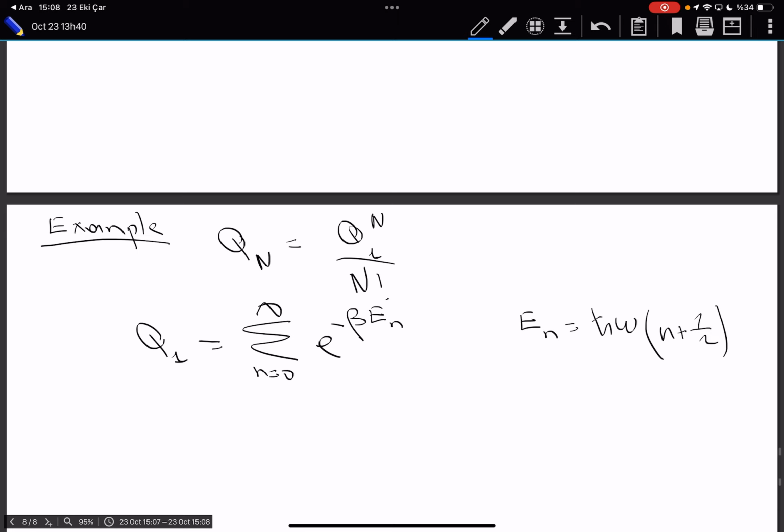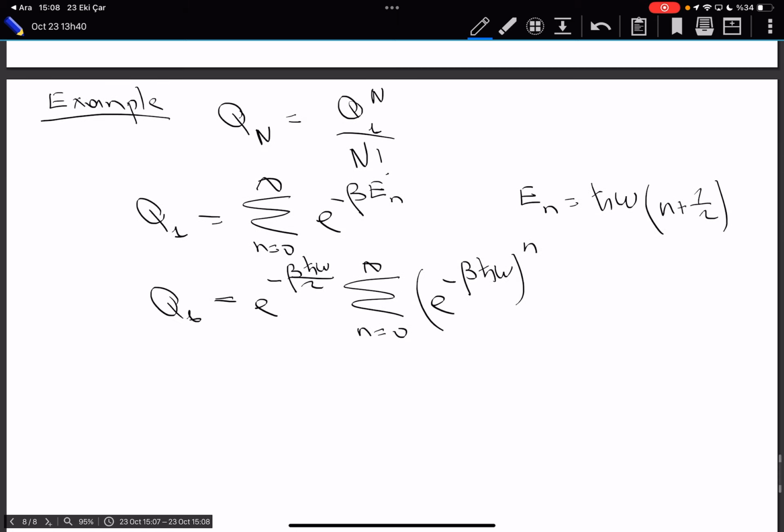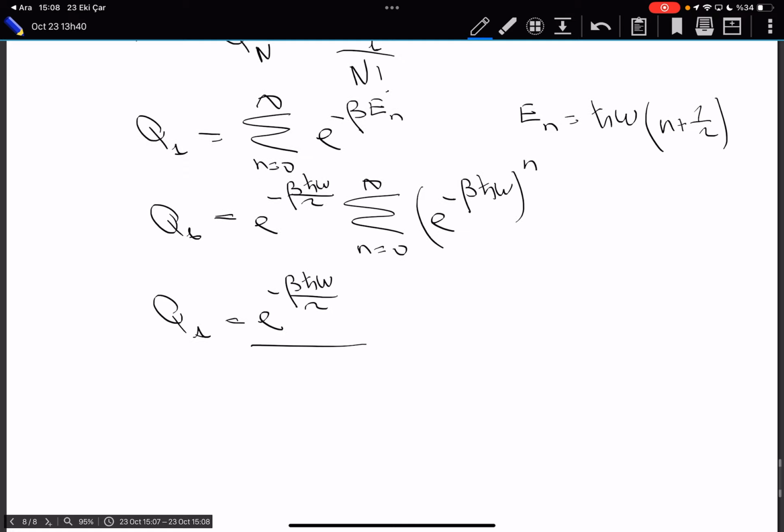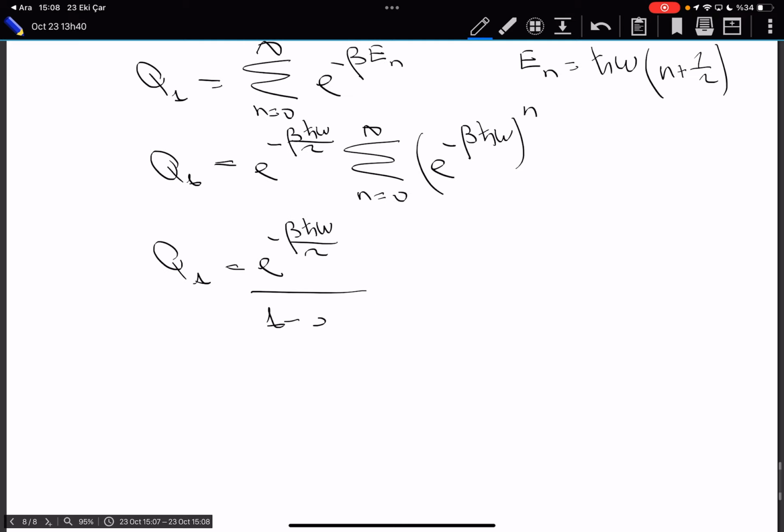This is equal to e to the power minus beta h bar omega over 2. This is the zero point energy. If we just sum from 0 to infinity of e to the power minus beta h bar omega raised to the power n, Q1 is equal to e to the power minus beta h bar omega over 2 divided by 1 minus e to the power minus beta h bar omega.